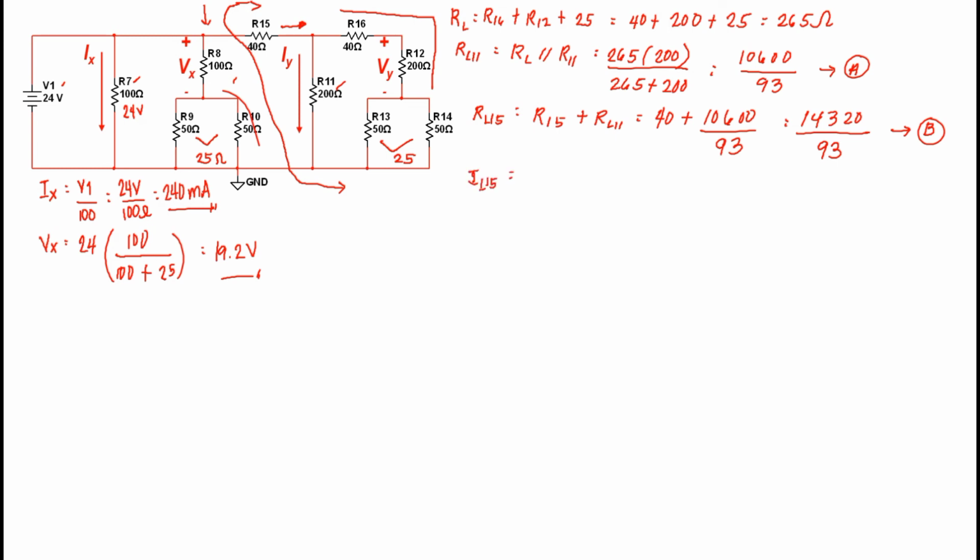IL15 is equal to 24 volts divided by B. So 24 divided by B is equal to 0.15 or 0.1558. In fraction, that is equal to 279 over 1,790. We can store it in C if you want.